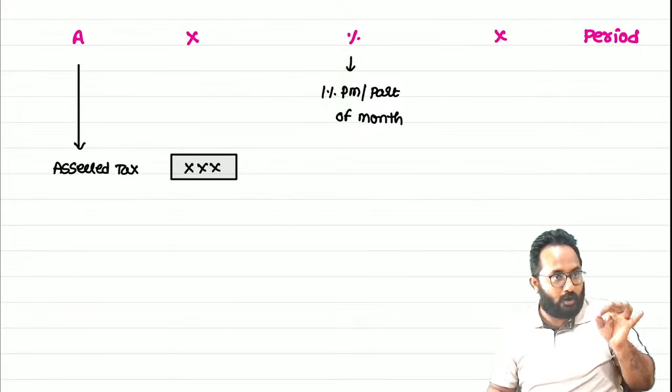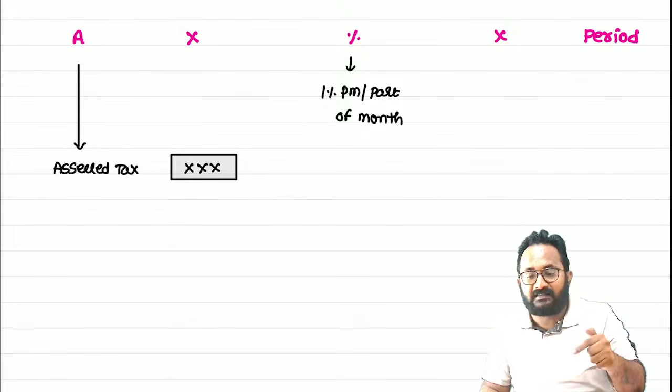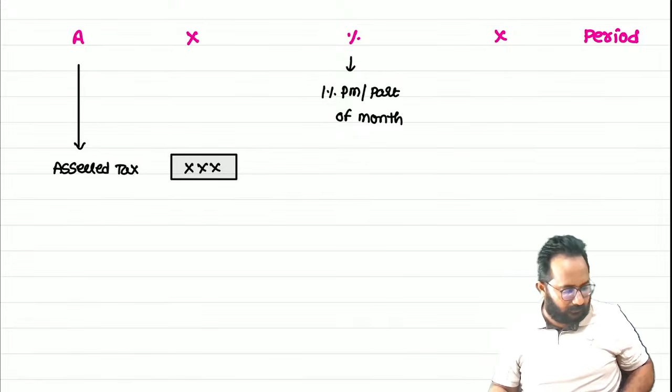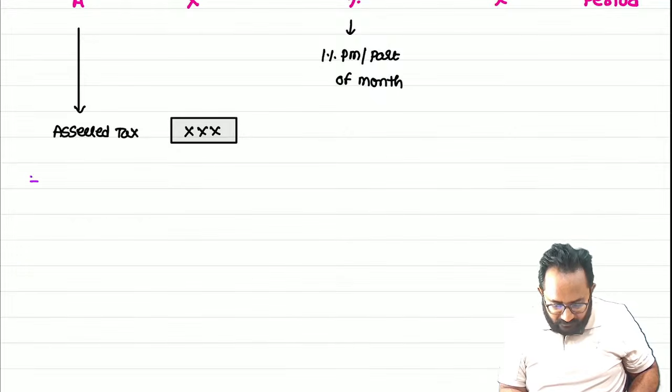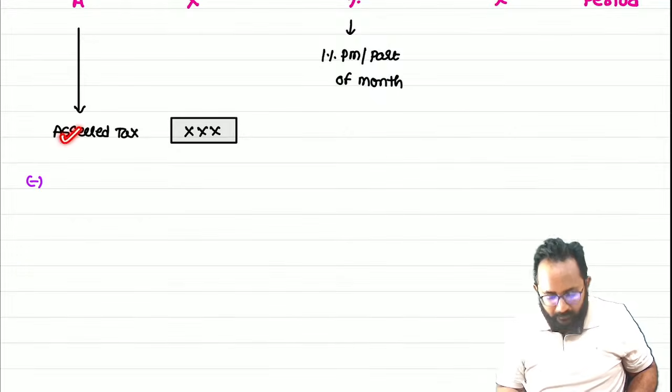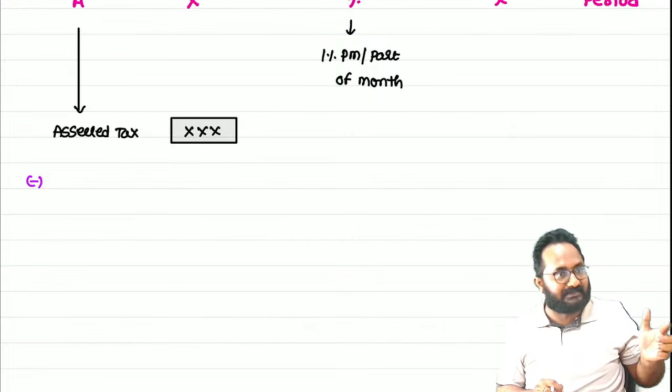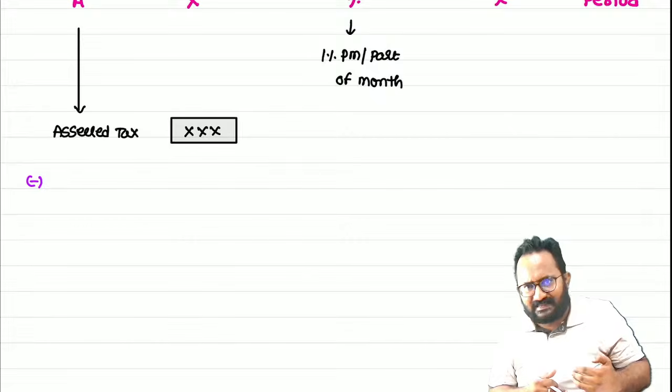In the exam, you have to take care properly who is calculating the interest. Based on that, you have to take the tax also. Minus, this is the tax we have to pay. But already in previous years, we paid some amount of taxes, right? Why are they asking for interest?